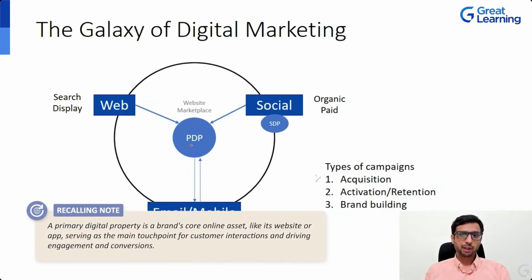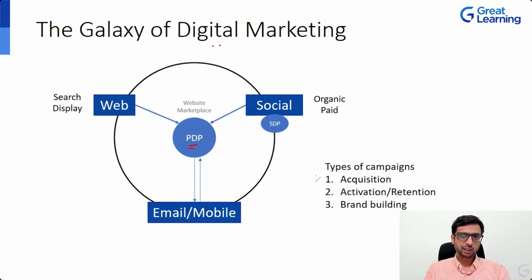Like we discussed, the primary digital property is usually the center of the entire universe of digital marketing efforts. The idea in undertaking such efforts is to bring users from wherever they are, whatever they are doing, and to come land on your primary digital property, where they either give you money, which means the users that land on the digital property will convert and give you revenue, or they'll give you time.